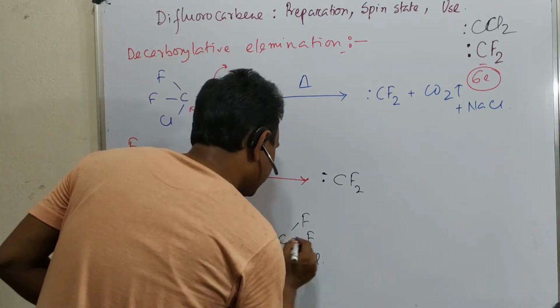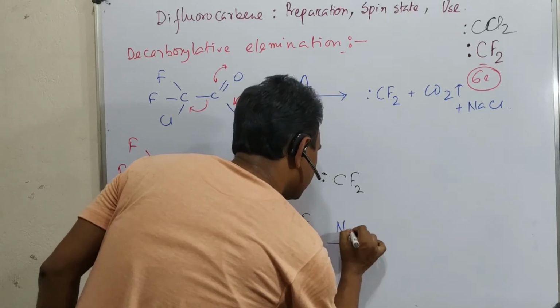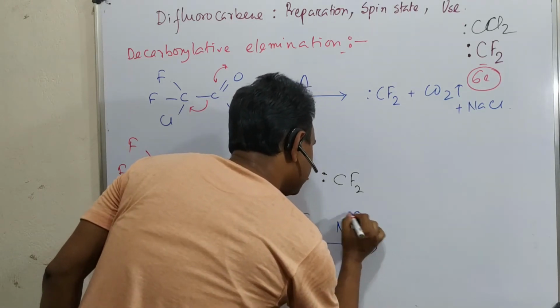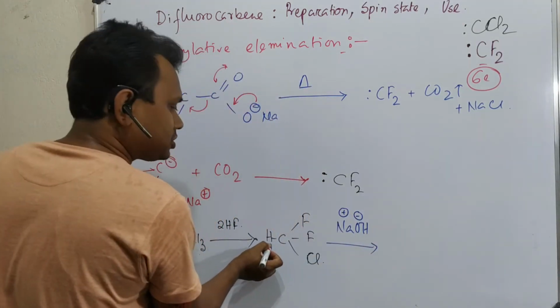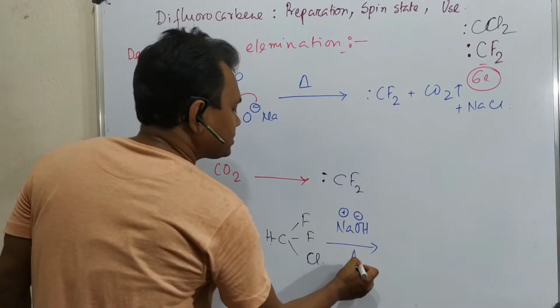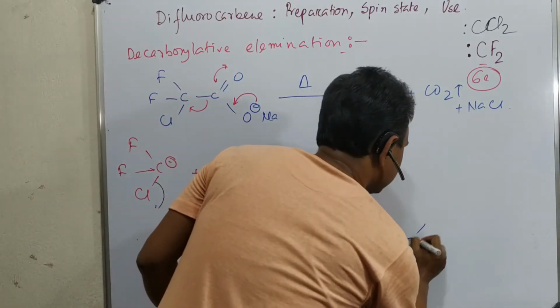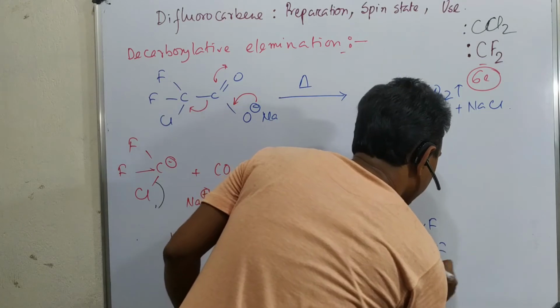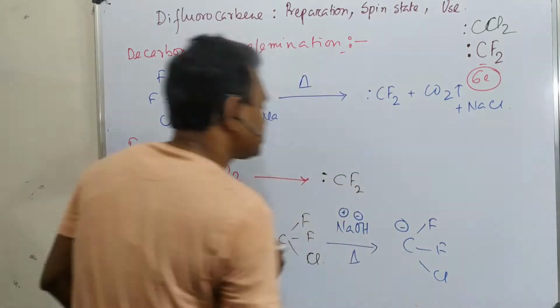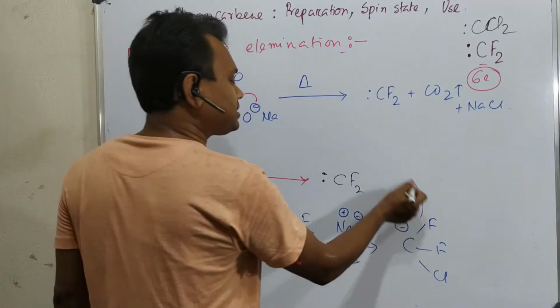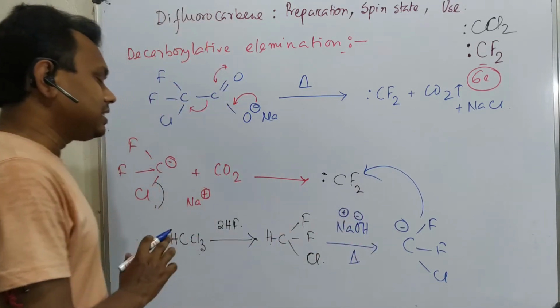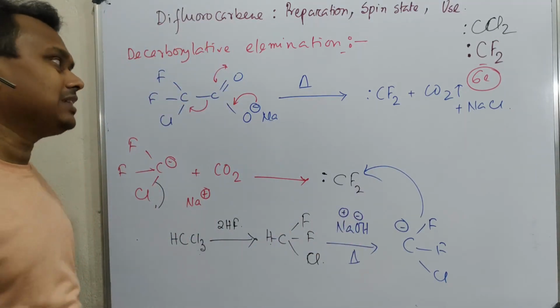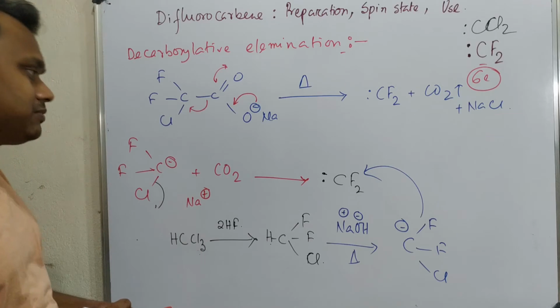What happens next? It is treated with a base like sodium hydroxide, which abstracts this proton in the presence of heat, and produces the same CF2Cl minus. Similarly, Cl eliminates and it produces this. So these are the two ways to prepare it. There are other ways also, but I guess they're not that important.